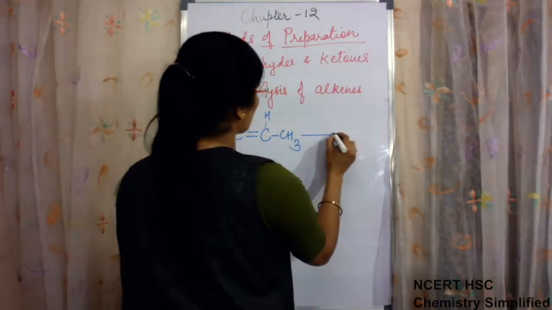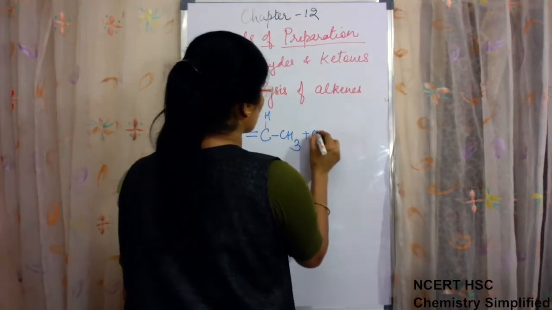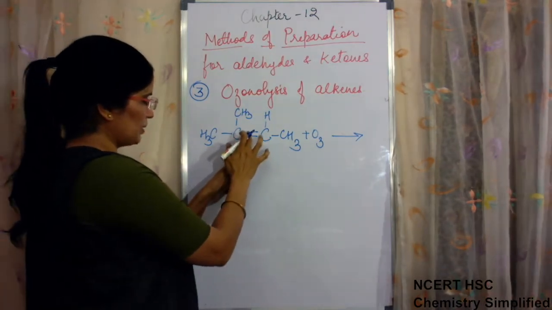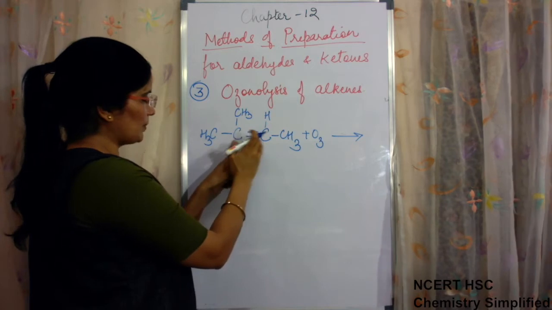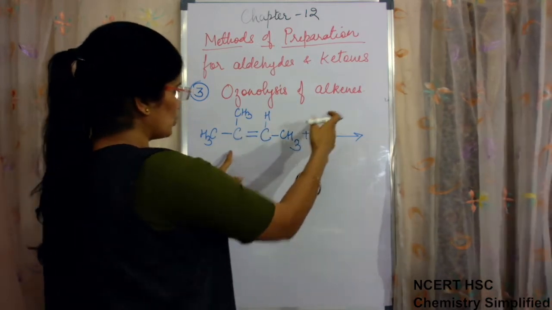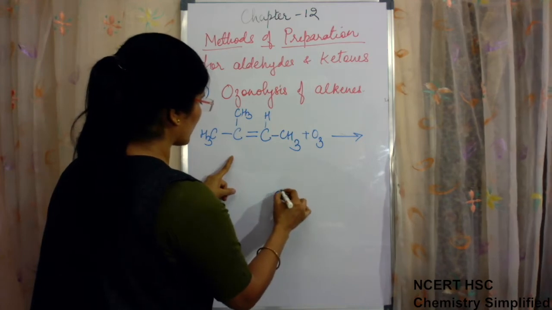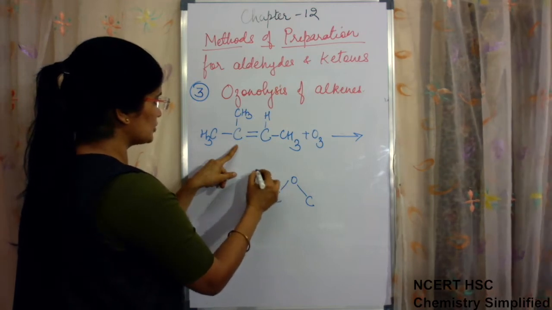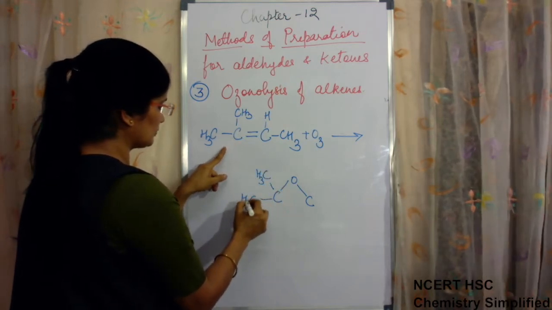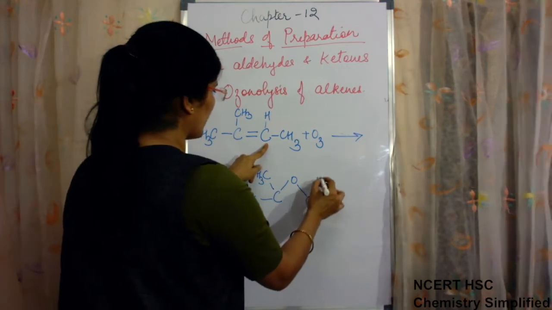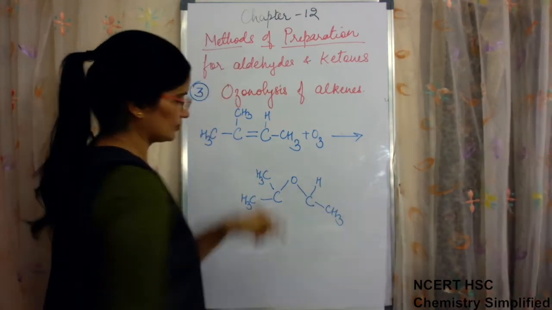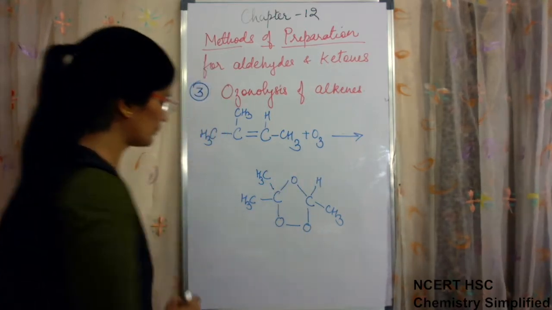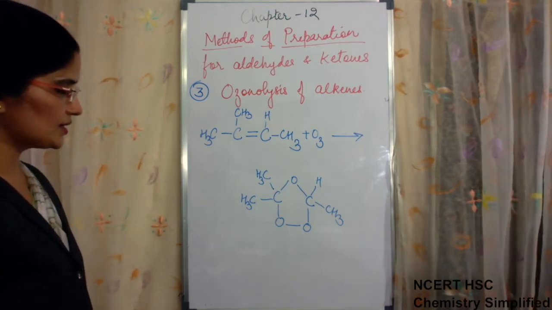Now when this undergoes ozonolysis with O3, the double bond will break and the carbons will not be attached directly but through one oxygen atom, C, O, C. This C is attached to CH3 and another CH3, and this C is attached to one H and one CH3, and the remaining two oxygens are attached like this. This is the intermediate.